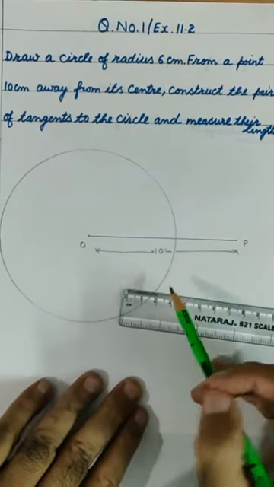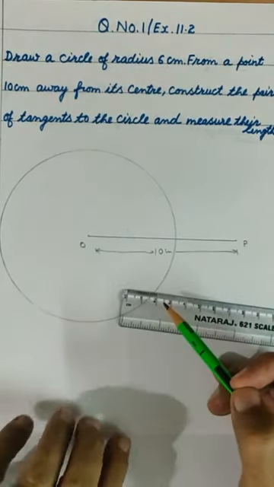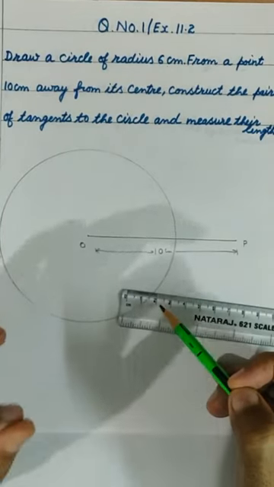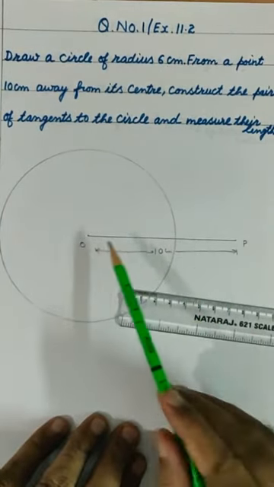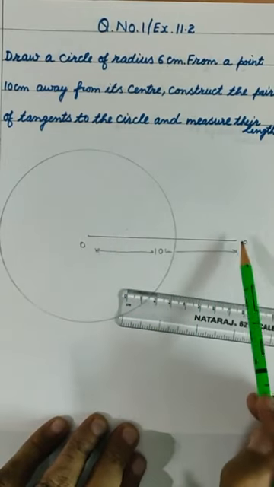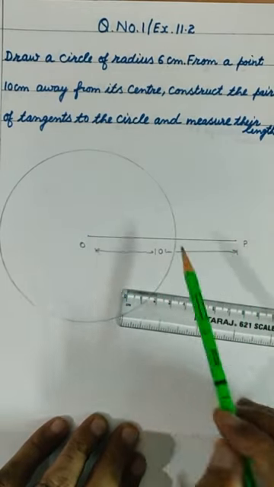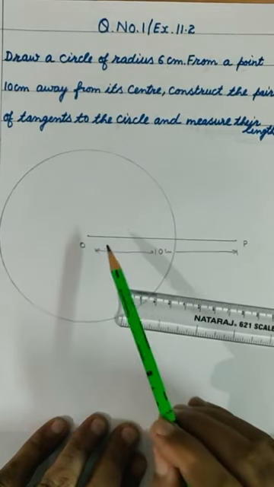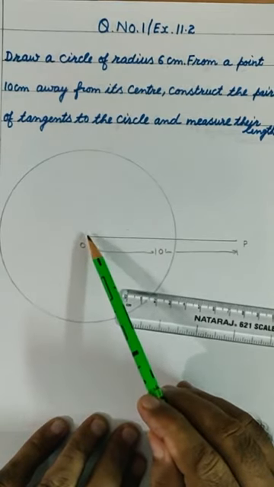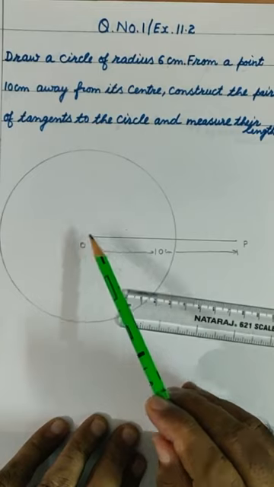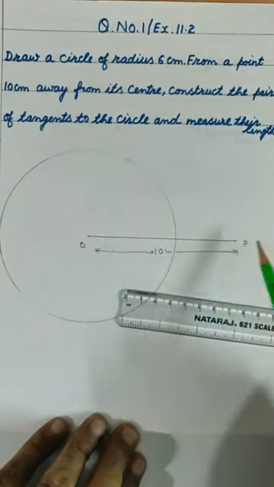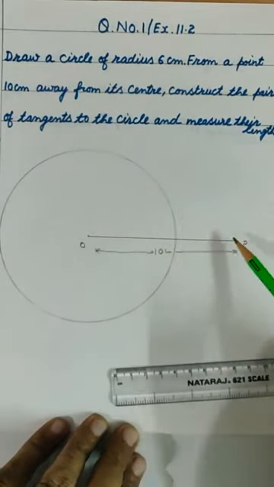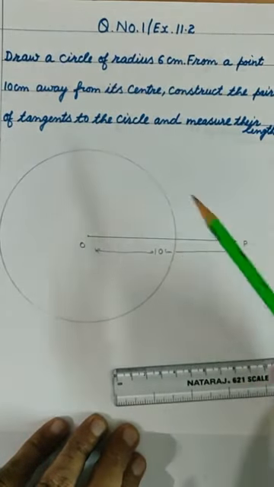Again, I am telling you there are 4 questions on the same concept. From an external point we have to draw a pair of tangents to the circle. The first step is to join a line segment from the center to the external point. And from here we have to draw the tangent. Tangents are the lines which touch the circle at one point only.